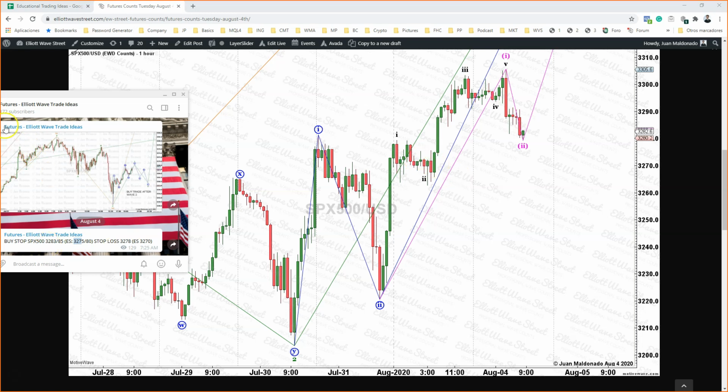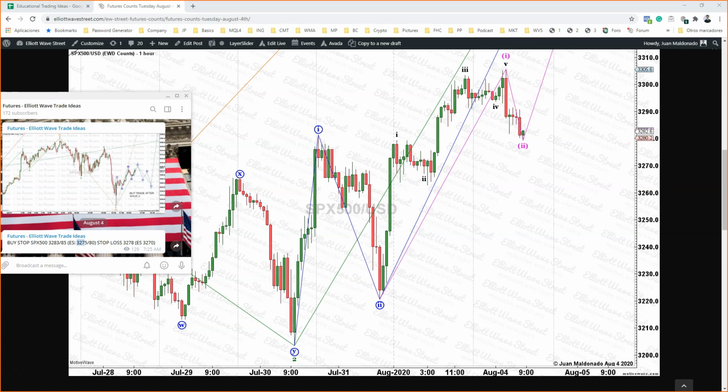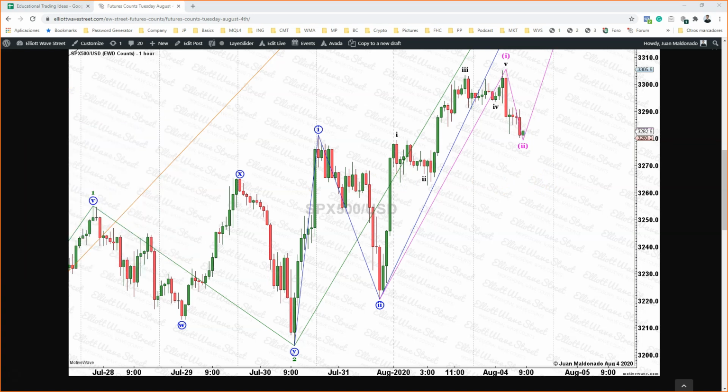Because I said, right here, that if the price continued moving lower, this wasn't the end of wave 2. So it was better to have a little loss rather than wait to see if wave 2 was going to be deeper or not. Right? Cool. Let's see what happened next.